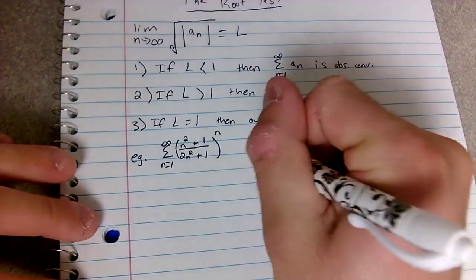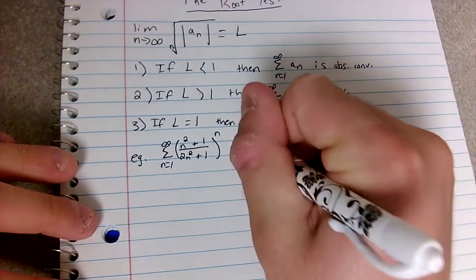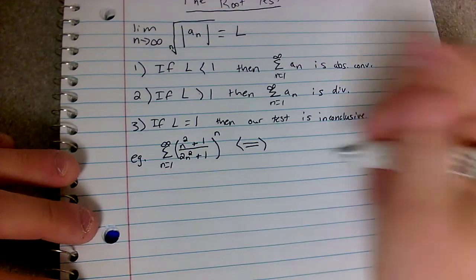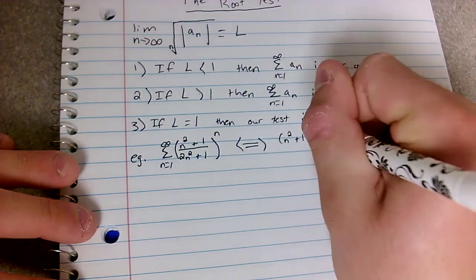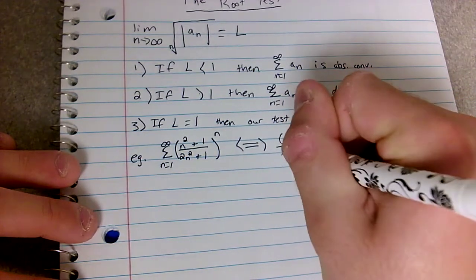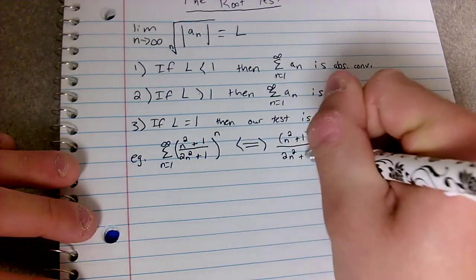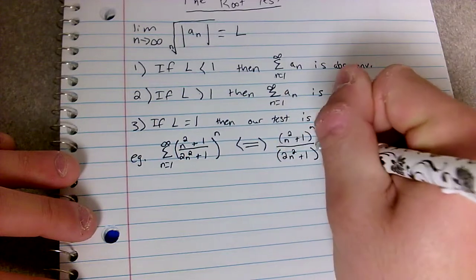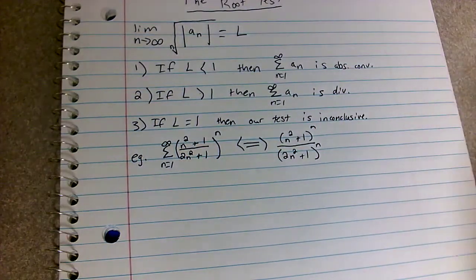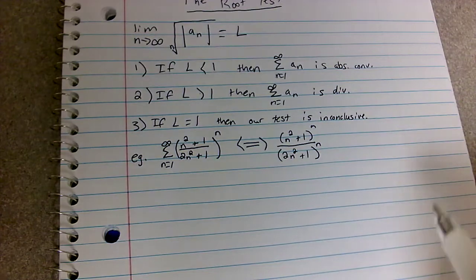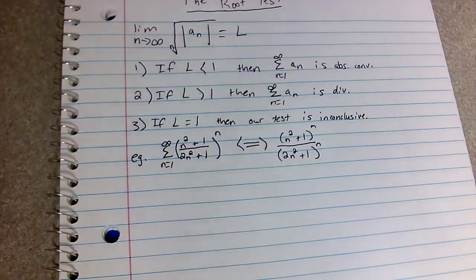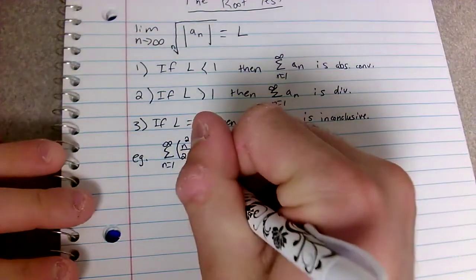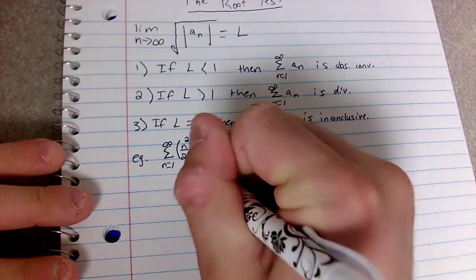It could also be written, well, this right here is the same as saying n squared plus 1 to the n over 2n squared plus 1 raised to the nth power. It could look a couple different ways, but generally, if everything is raised to the nth power, we want to use this root test. Okay, so now that we have that established, I will begin my root test down here.